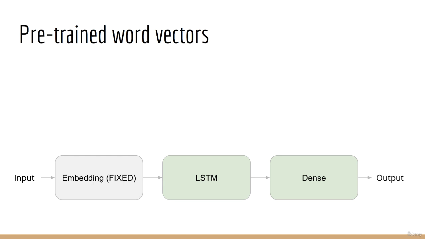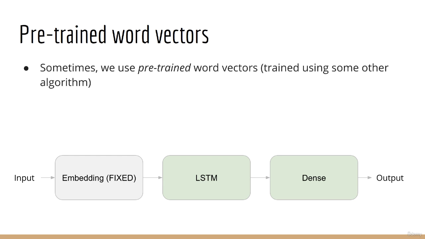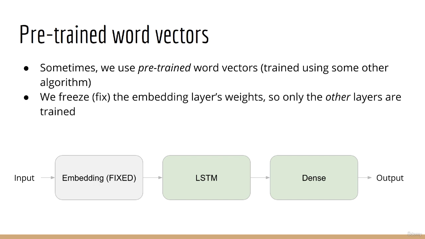Now, there's one caveat to that, which is that what people often do is use pre-trained word vectors. How this works is, when they create an embedding layer, they set the weights to a set of pre-trained vectors that were obtained through some other method. Then they freeze this layer so that those weights are never changed.